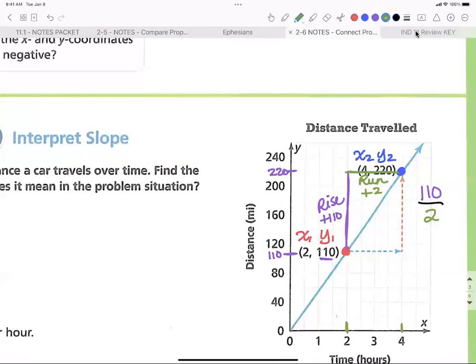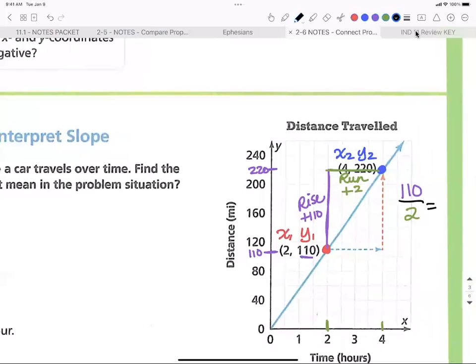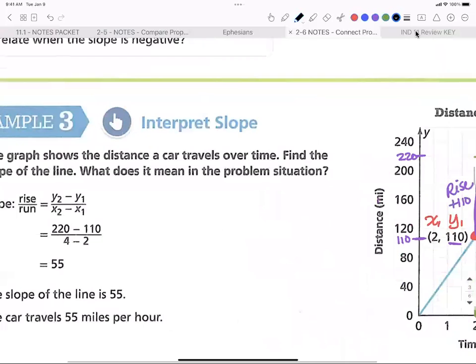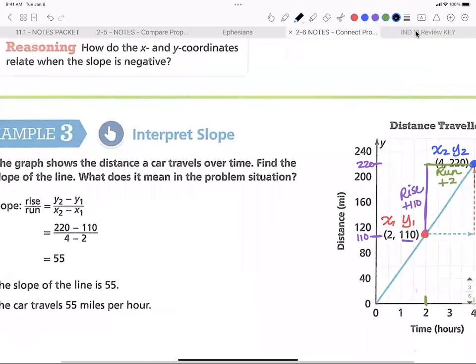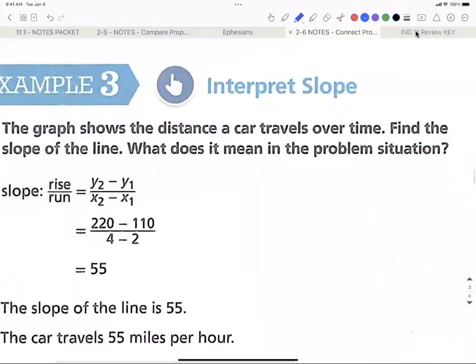And when you reduce that, you get 55. Okay? Now, they do it over here with the points, and that's fine too. They took y2 minus y1, and they took x2 minus x1, and they got, right, they don't actually write this step, but they reduced it and got 110 over 2, and they reduced it and got 55. So you get the same answer either way you do it.